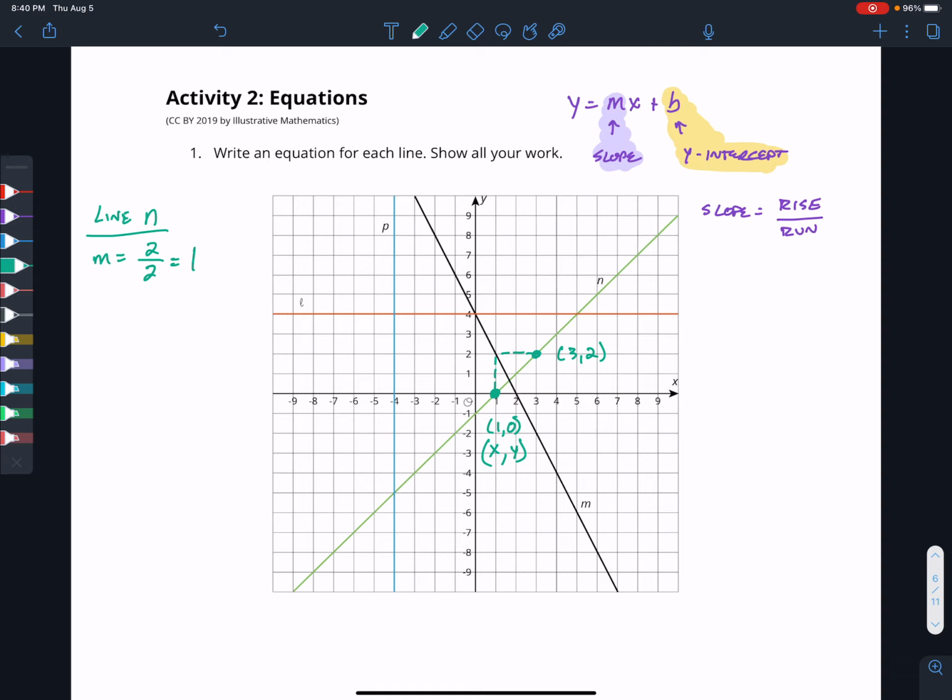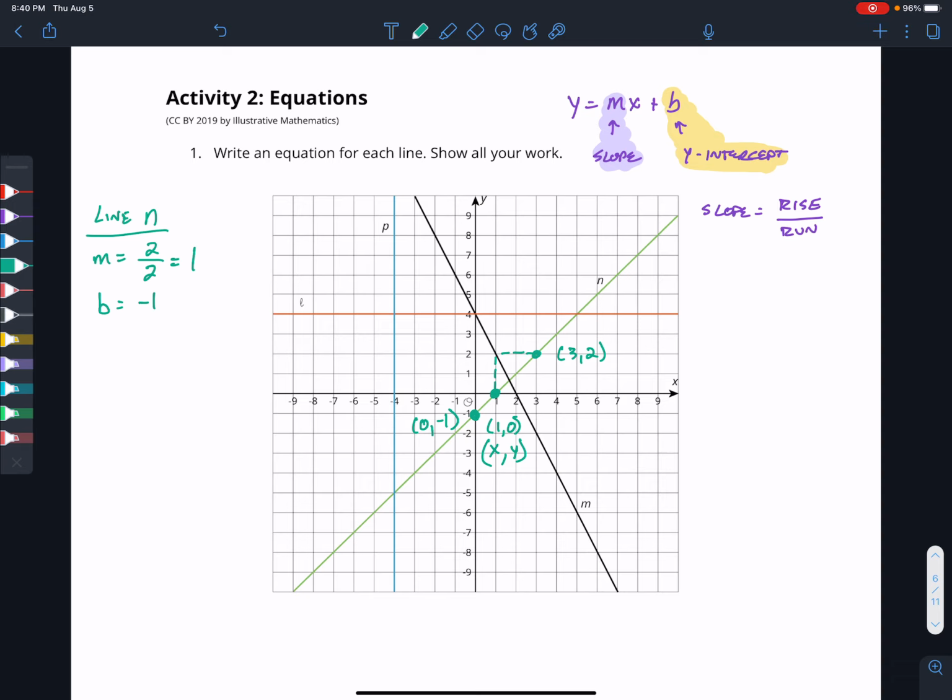And then for my y-intercept, I look for where this thing crosses the y-axis. So I'm just going down here. Here's the y-axis, and it's crossing right here at 0, -1. So that's where it crosses the y-axis. So the b is equal to -1.